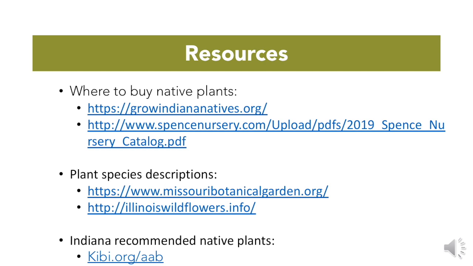It tells you how large they get, what color they are, what their soil and sunlight preferences are, and things like that. So it's a resource that I almost constantly use in my plant palette design, and I highly recommend that you guys take a look at it.